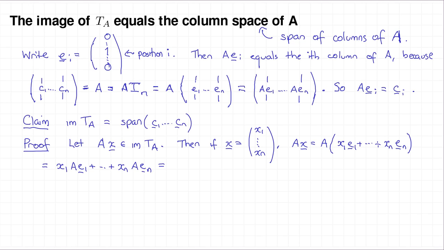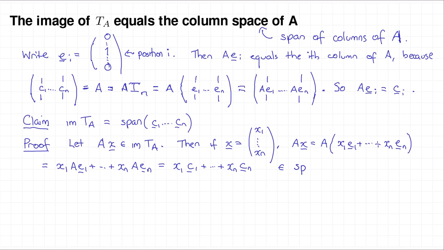But we've just seen that A times the ith standard basis vector is equal to the ith column of A. So this is x1 times the first column of A plus x2 times the second column of A all the way up to xn times the last column of A. Right, what is that? That is a linear combination of the columns of A. It's a linear combination of c1 up to cn.